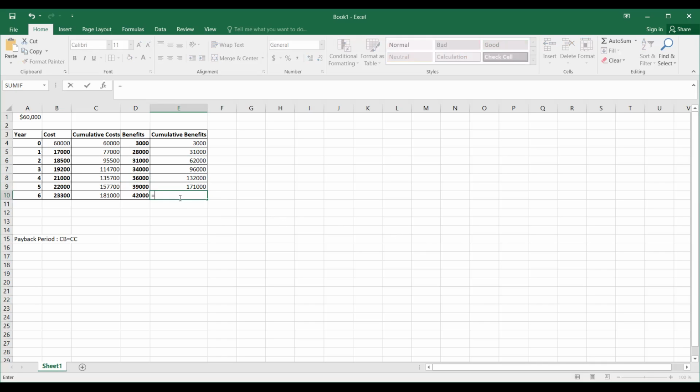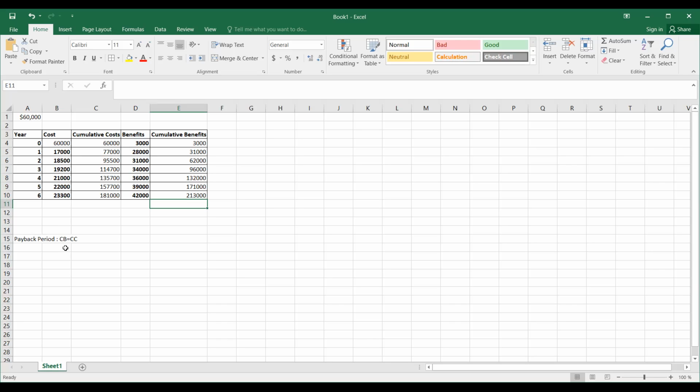After that, your total cumulative benefits all the way down to year 5 is 171,000 plus 42,000, which gives you a value of $213,000.